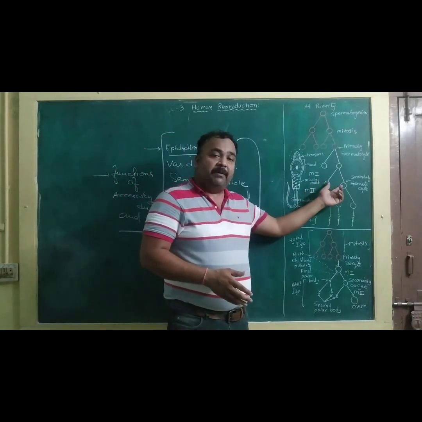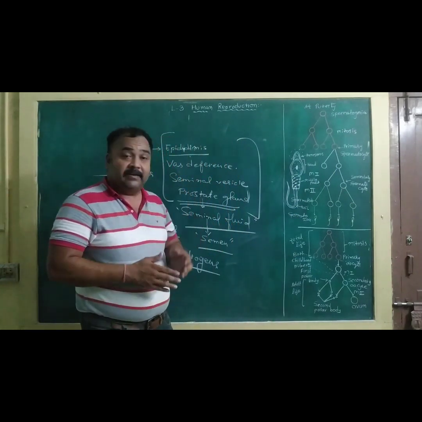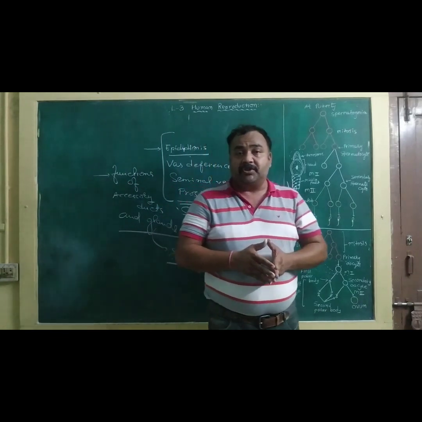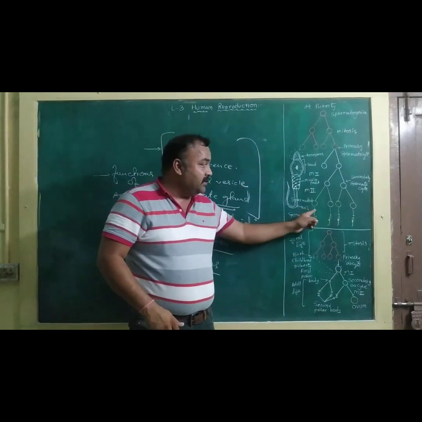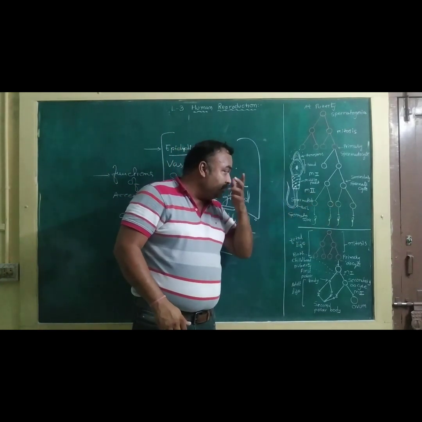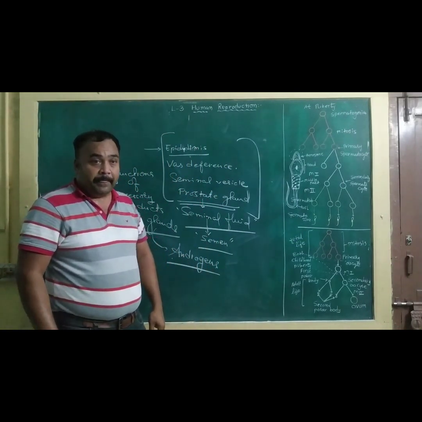The secondary spermatocytes enter into meiosis 2 and produce spermatids. The spermatids cannot act directly as mature sperm, so they must enter into the second phase, known as spermiogenesis. At the end of spermiogenesis, spermatozoa or mature sperms are produced.